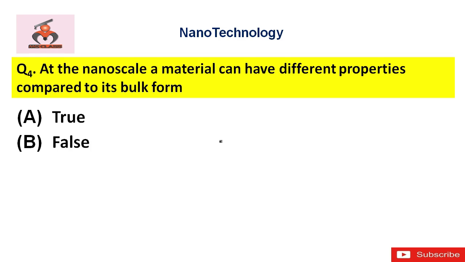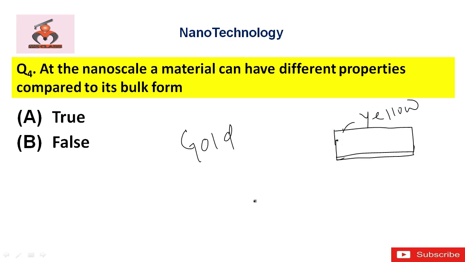In question number 4, at the nanoscale a material can have different properties compared to its bulk form. Take the example of gold. In bulk condition, the color you observe is yellow in general, but when you take the nanomaterial in powder form, in the nanometer range, what will happen?